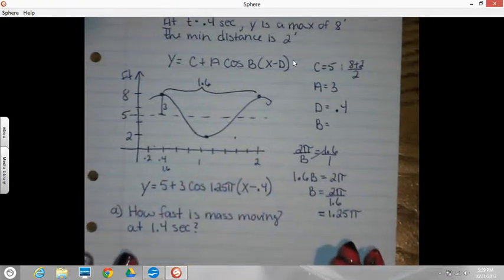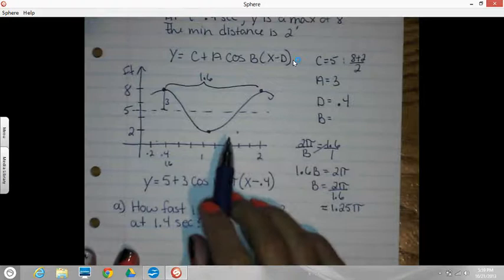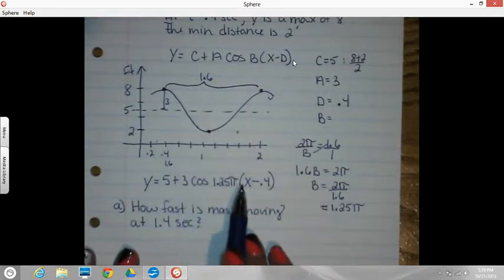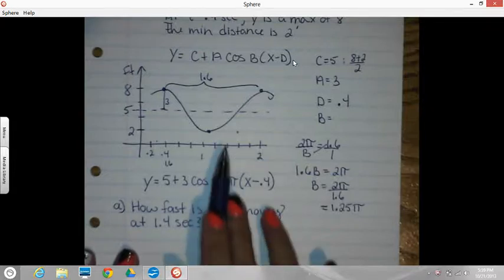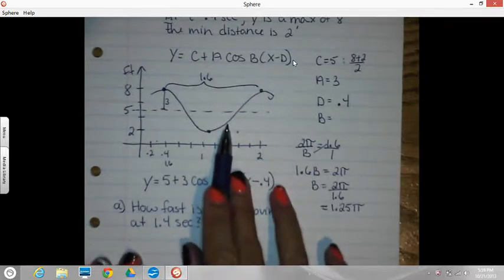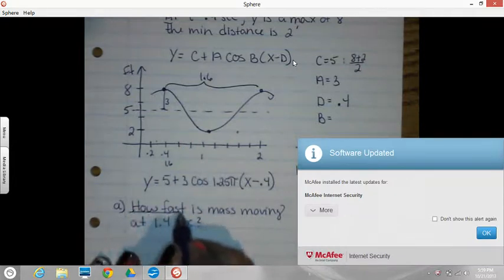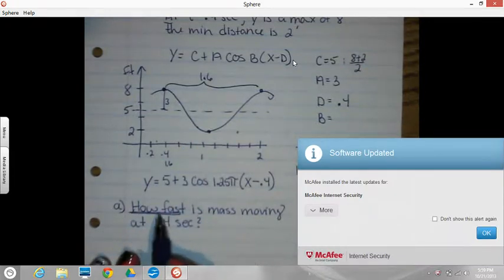Okay, remember, this is a distance time graph. If I was to put 1.4 into this equation, that's just going to tell me how far away from the ceiling it is. It's not going to tell me how fast it is. So when you see how fast, that's a rate of change. You know that that's velocity, and velocity is the derivative of distance.